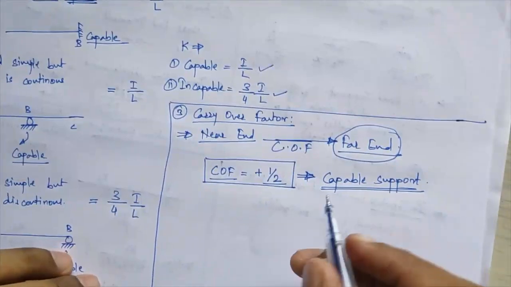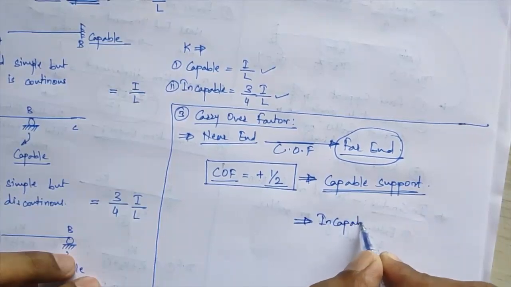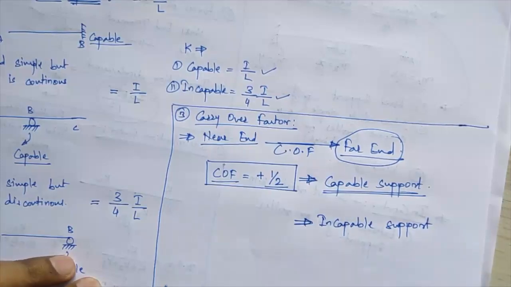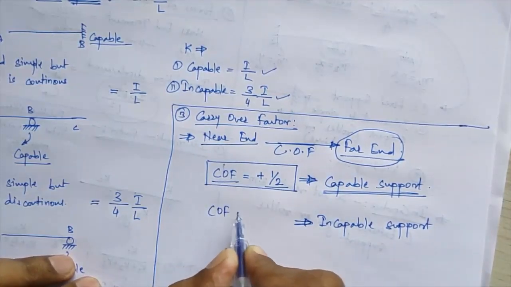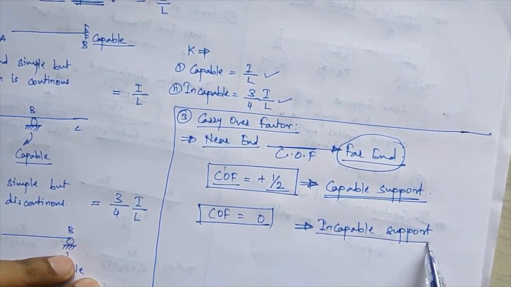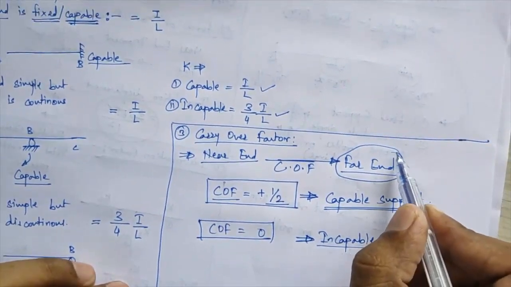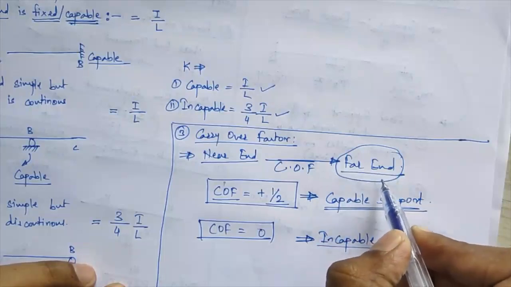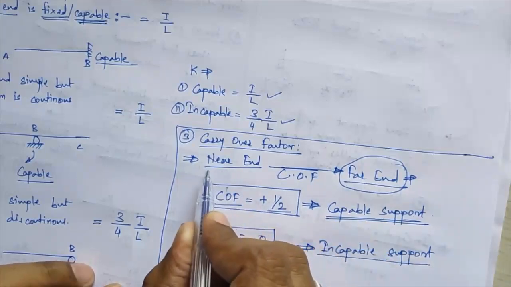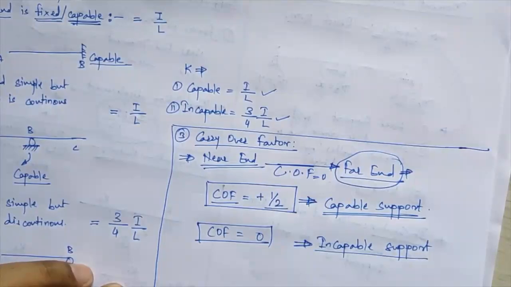If your far end support is an incapable support, then your carryover factor will remain equal to 0. Why? Because an incapable support will not take any type of bending moment. Right? So if you consider this far end as an incapable one, it will not take any type of moment from the near end. So that means the carryover factor comes equal to 0.